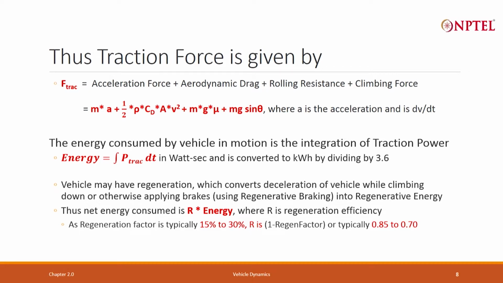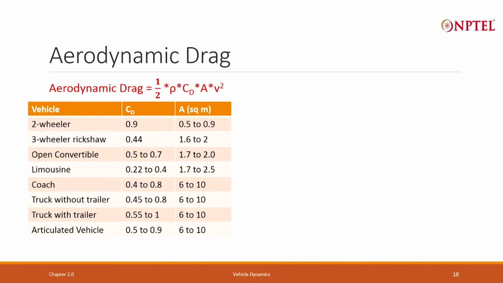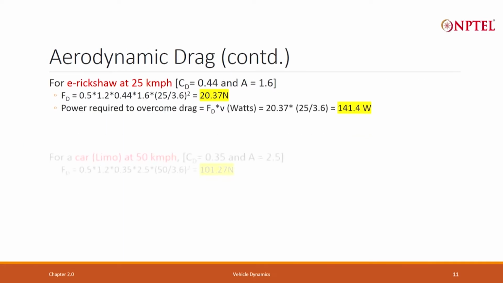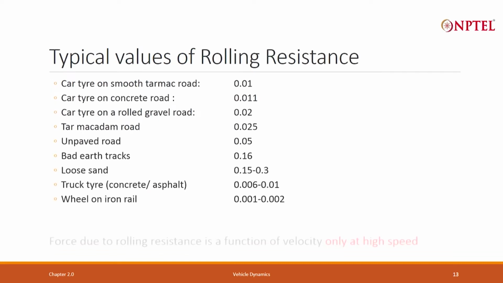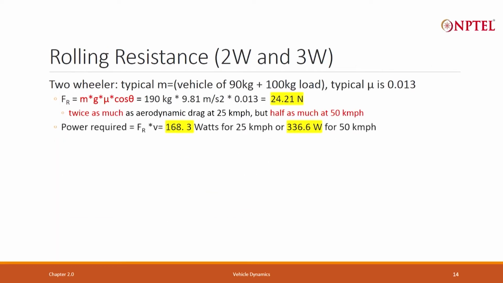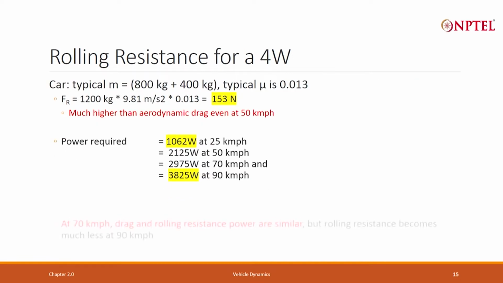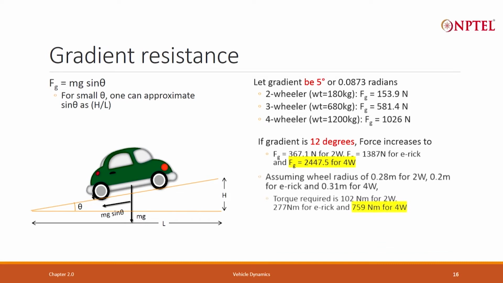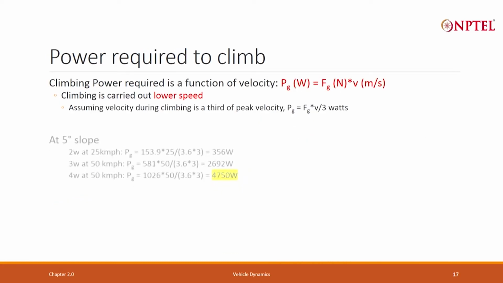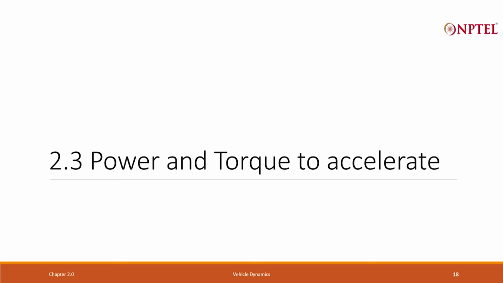We computed all the equations for energy, power and torque, which will play an important role. Then we went into examples for 2-wheelers and 3-wheelers, looking at rolling resistance, aerodynamic resistance, and the gradient force, gradient torque and gradient power. We looked at each of these things.